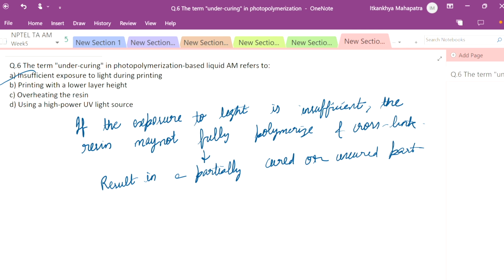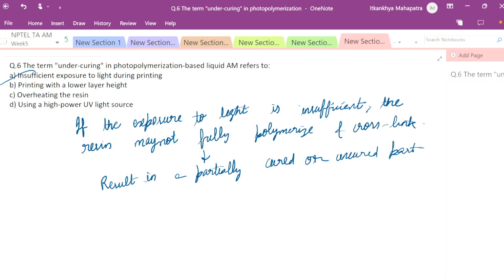Now, undercuring can be caused by factors such as inadequate light intensity, incorrect exposure settings, or insufficient exposure time for a given layer. It's important to ensure that the resin is exposed to appropriate light conditions to achieve proper curing and the desired mechanical properties in the final printed object.